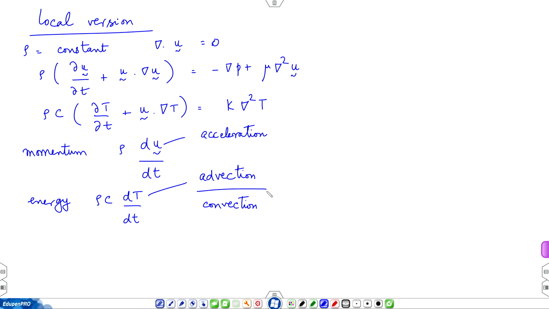You recall that this term mu del square u, we had called it the viscous term. You may also call mu del square u the viscous stresses. Similarly, k del square T is called the diffusion term.